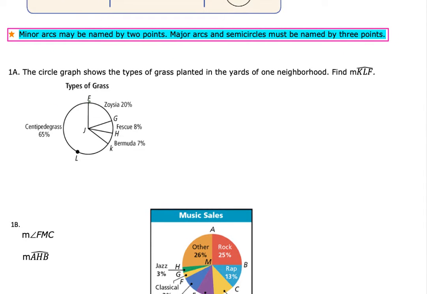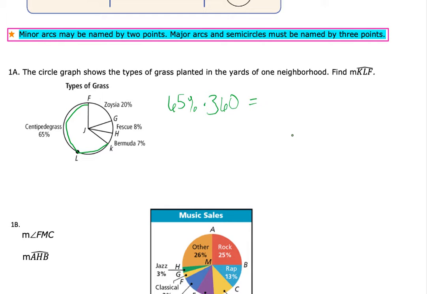All right, on this problem, it says the circle graph shows the types of grass planted in the yards of one neighborhood. Find measure of arc KLF. Okay, KLF. That's this major arc here, right along there. So it's 65% of 360 degrees, because a circle is 360 degrees and this major arc is 65%.